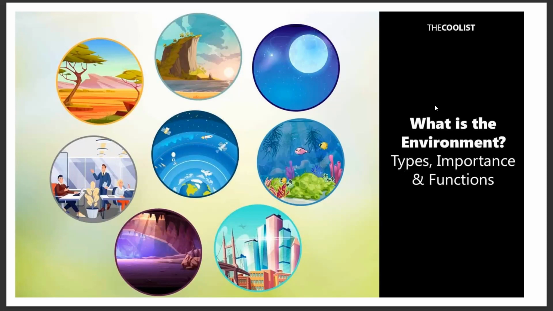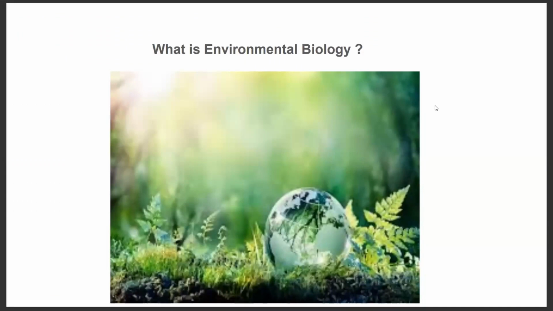Complex of physical, chemical, and biotic factors that act upon an organism or an ecological community and ultimately determine its form and survival is called environment. Understood? Yes. Then we should know what is environmental biology.